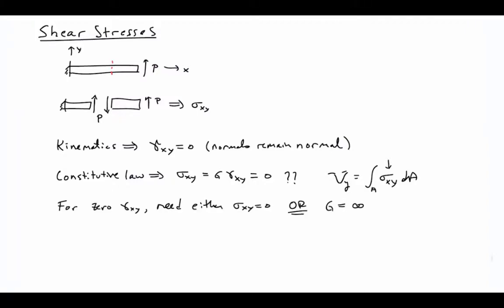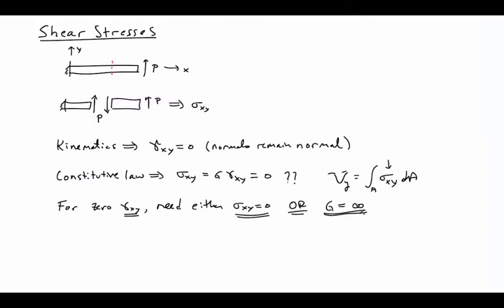One way to think about this is that if you want to have zero shear strain in a system, you need either that the stress sigma xy is 0, or that the shear modulus is equal to infinity. It seems a little peculiar, but if you want to have no shear deformation in the system, one way of thinking about that is that you have an infinite shear modulus.